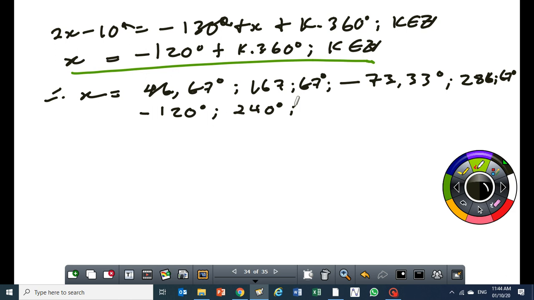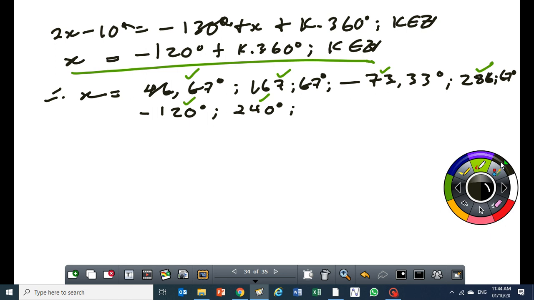Then if I put k equal to minus 1, I'll get a value which is outside the interval. Okay? If I put k equal to 2 as well, then k equal to minus 2. So it means these are the solutions for this question: 1, 2, 3, 4, 5, 6. So you have 6 solutions for that question.